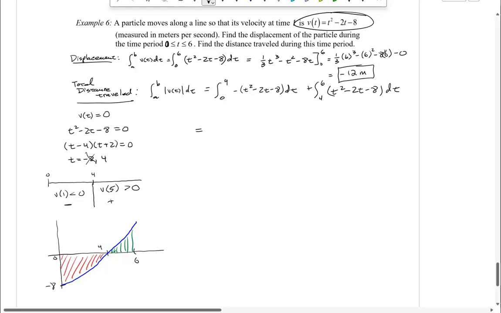I'm going to go ahead and distribute that negative just so I don't make too many mistakes here. I've got the integral of negative t squared plus 2t plus 8 dt, plus the integral from 4 to 6 of t squared minus 2t minus 8 dt. And now we'll get two antiderivatives.